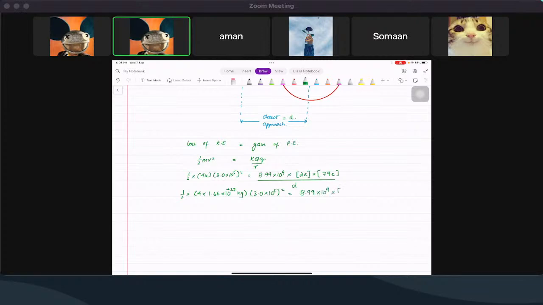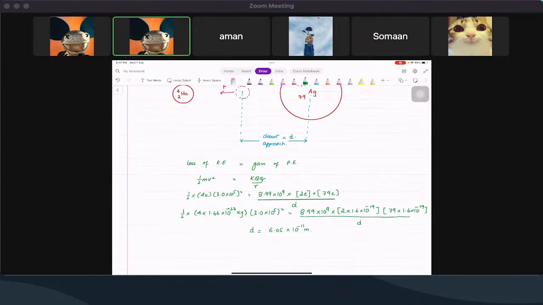This is going to be 2 times 1.6 times 10 raised to minus 19, that's the value of an elementary charge, and then multiplied by 79 times 1.6 times 10 raised to minus 19, and divided by d. So use your calculator, put d there, divide the whole thing here. So you will basically end up with d as 6.05 times 10 raised to power minus 11 meters, and that would be the closest approach distance, or the distance that is between these two charges.